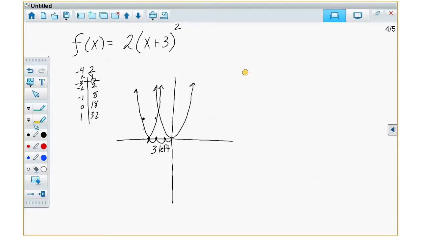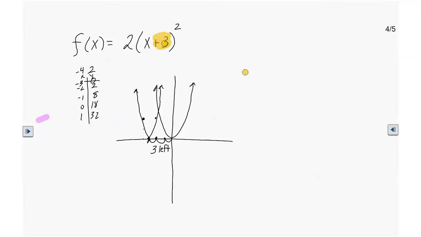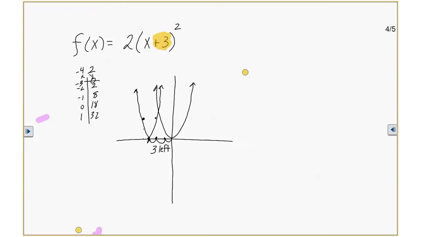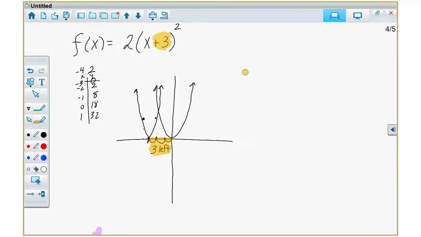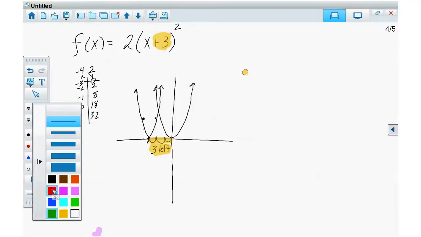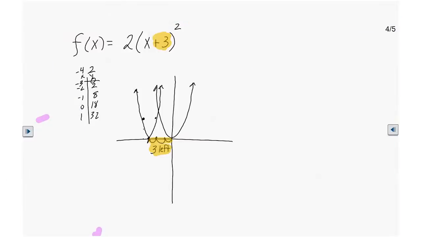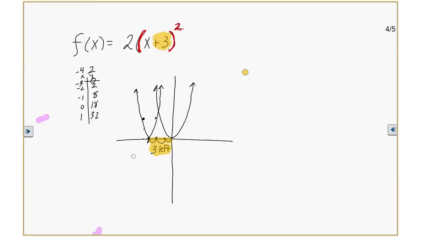Positive 3. Now, notice 2 or 3 things. One, is the positive 3 inside the parentheses? Yes, and that is a good indicator of the horizontal shift. It's inside the parentheses, which is squared. Now, if I had a plus 3 out here, that would be a vertical shift. And we're going to see that next.